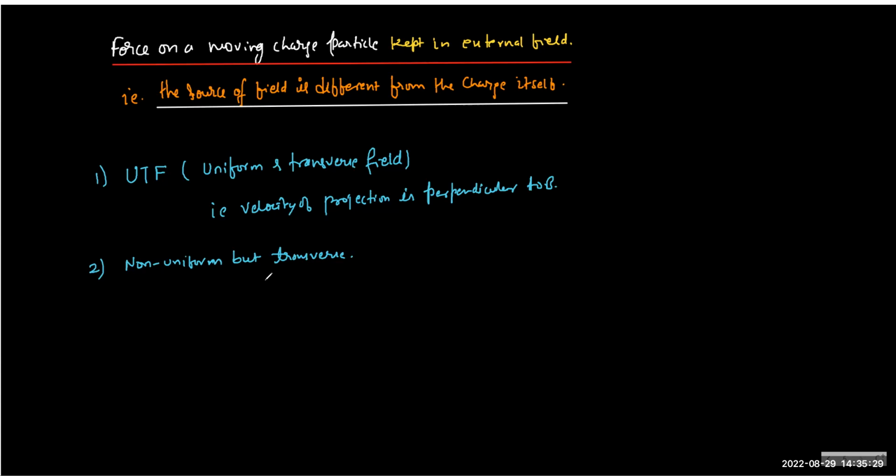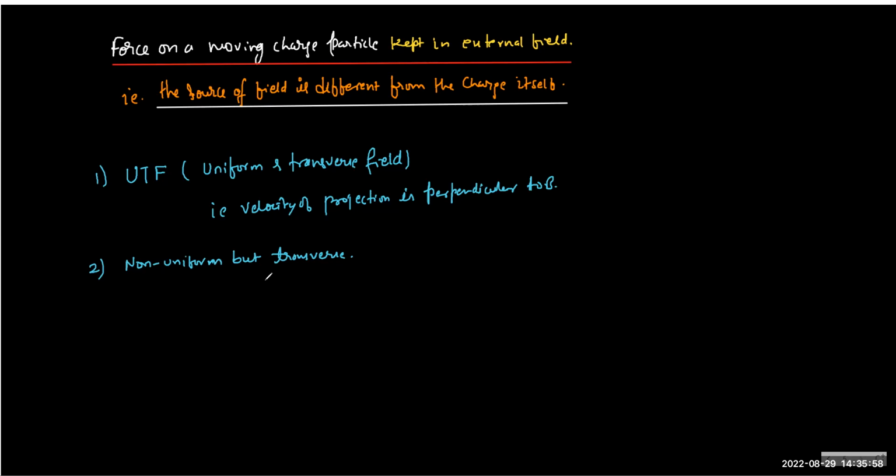It is still transverse, and the velocity of projection is still at right angle to B. But the B itself is varying over the space. And the best example is an infinitely long current carrying wire. If we have an infinitely long current carrying wire, we know that the field will decrease as you go away from the wire itself, right?